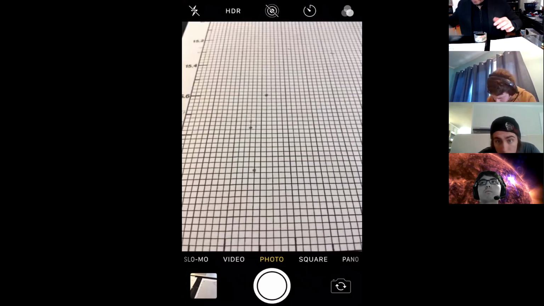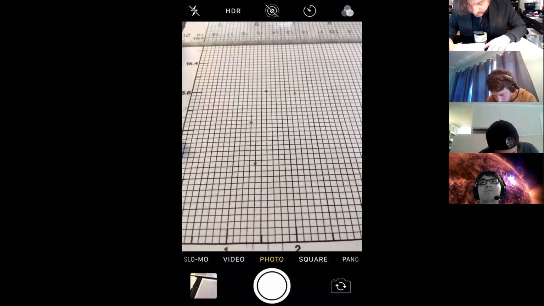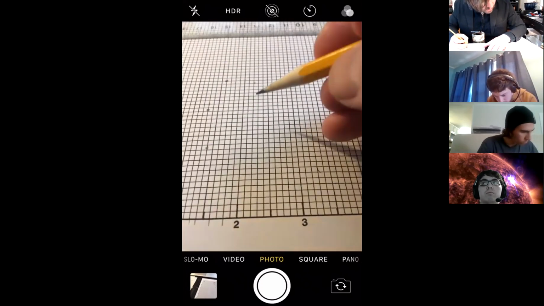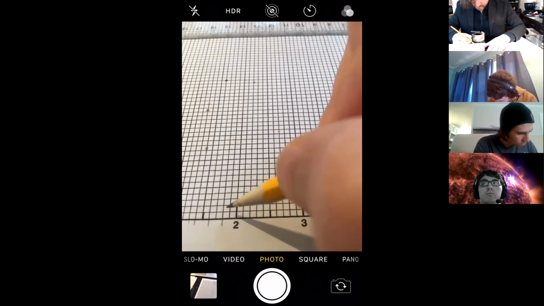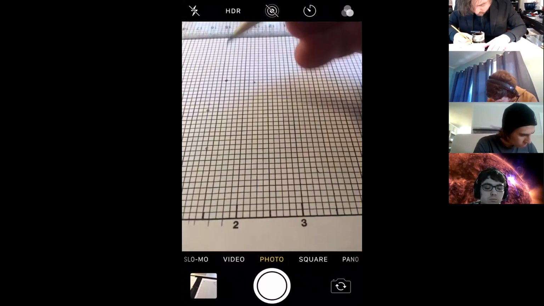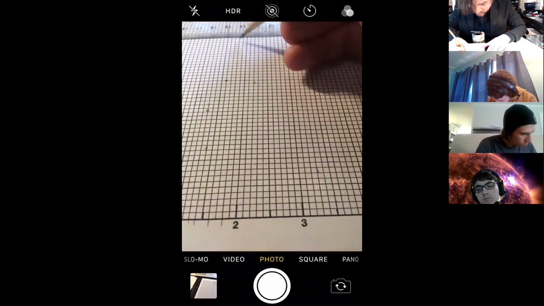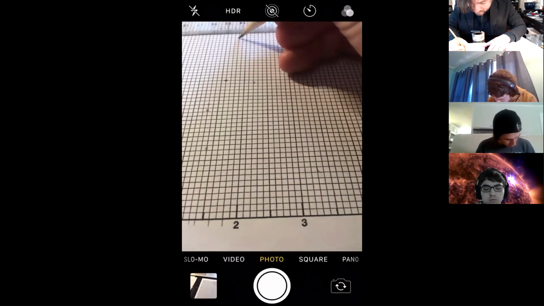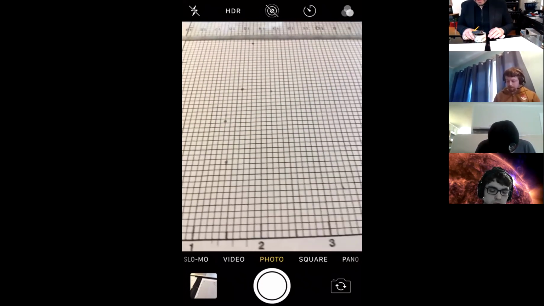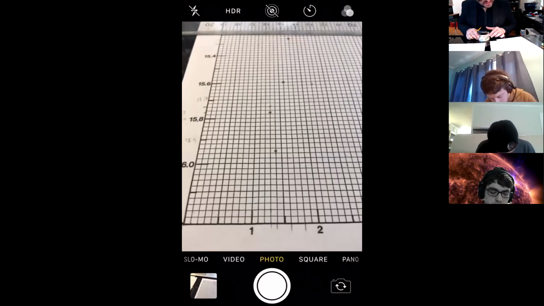I need a ruler for this. 15.26 is there, and 1.8 is there. Go all the way up. Boop. Make your data points easy to see. Whew, that thing's going up.